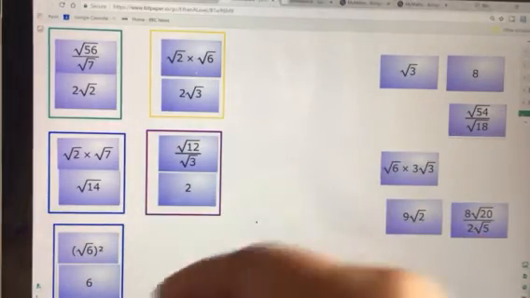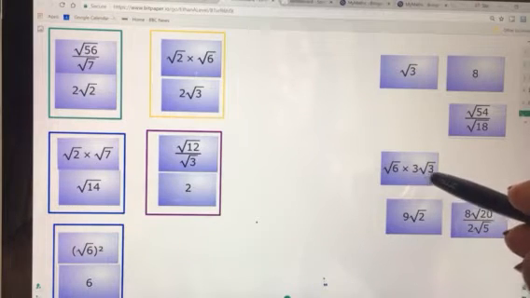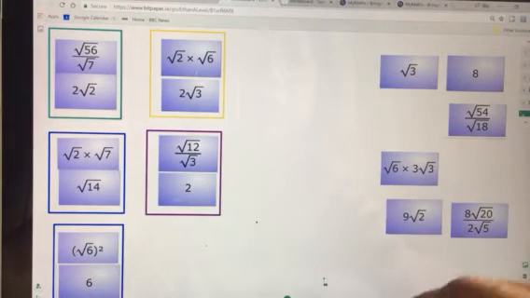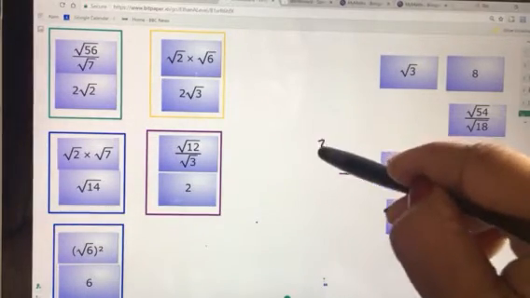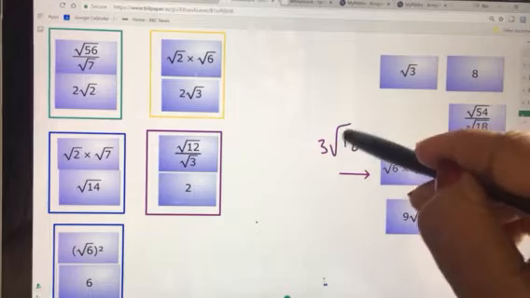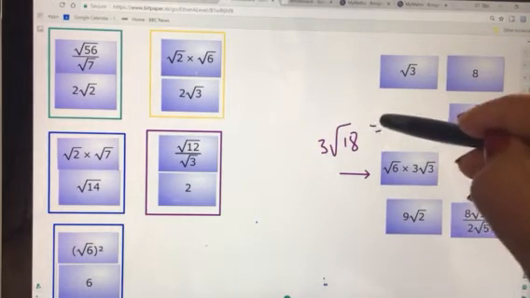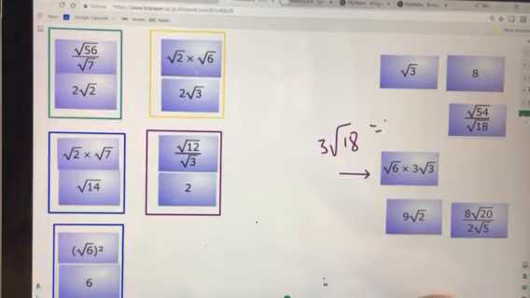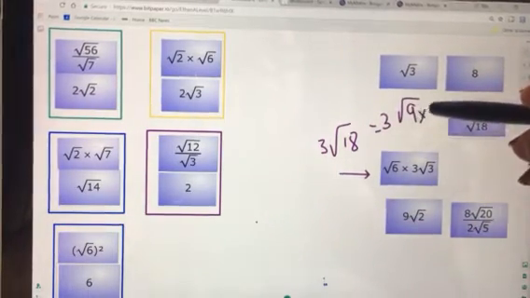So next one, we have square root of 6 times 3 square root of 3. This will give us 3 square root of 18. We don't have that here, but we can simplify it. Square root of 18 is square root of 9 times 2. Square root of 9 is 3.